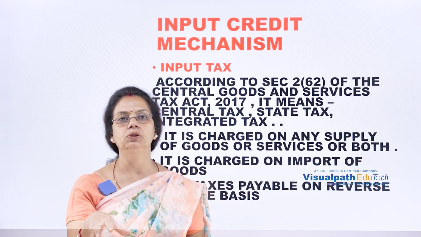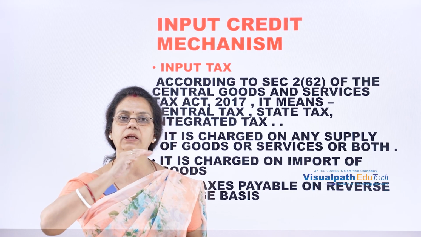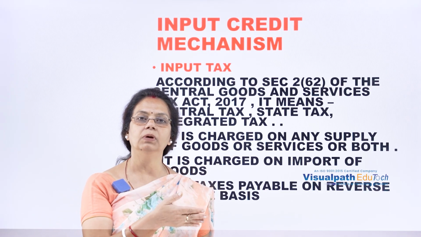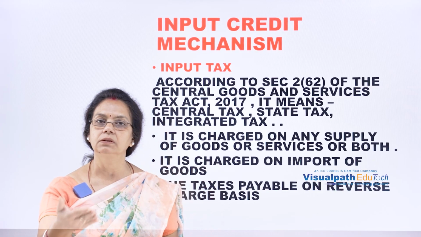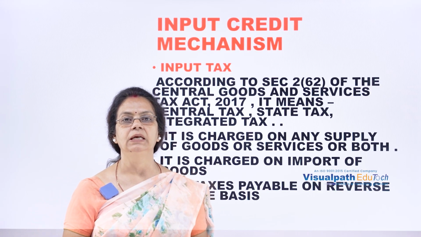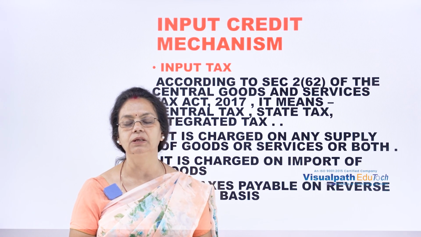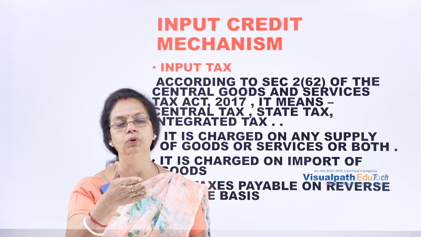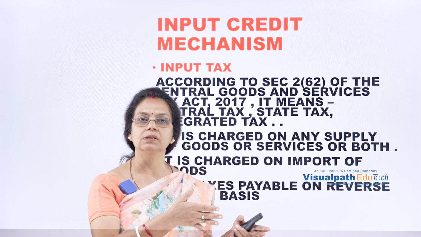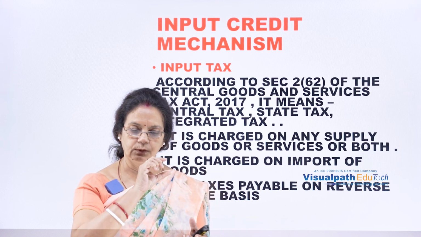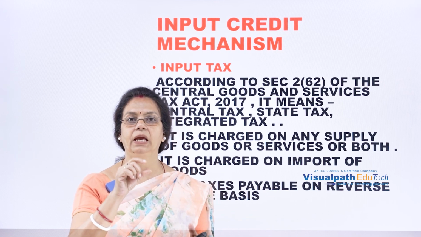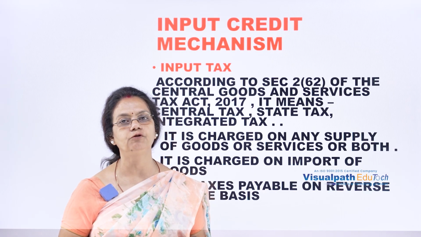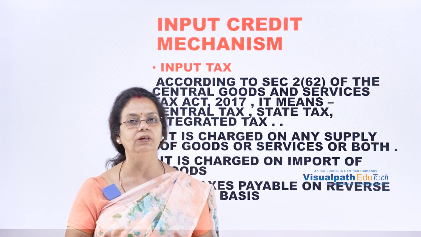A few formulas are also there, and a few slabs for the different GSTs. So CGST how much, SGST how much, and if both are implemented, what will be the total tax. We have to calculate all of these by considering the percentages given according to the GST Act. By implementing all those percentages, we have to find out the total tax that is required.